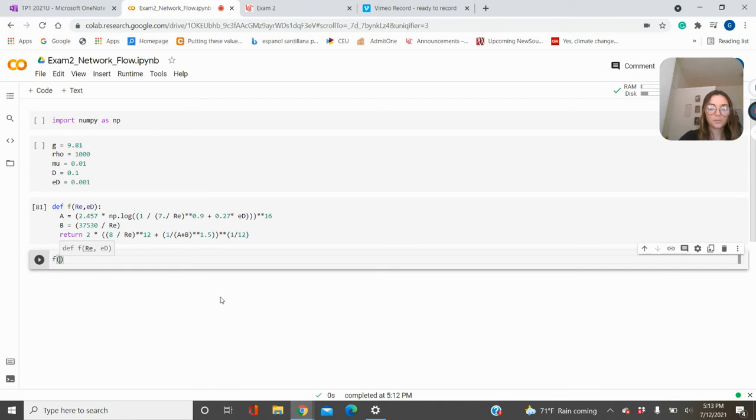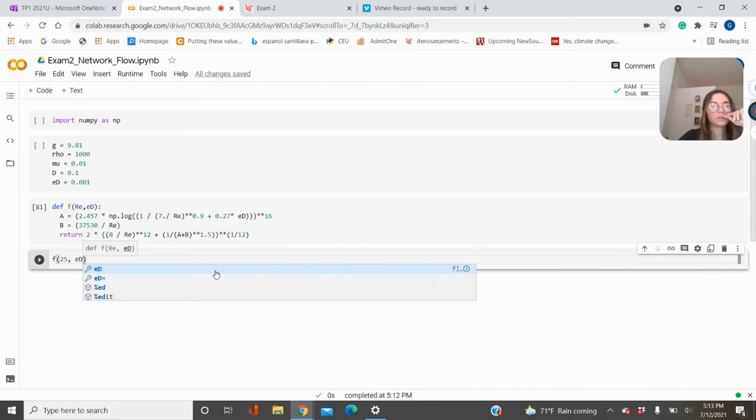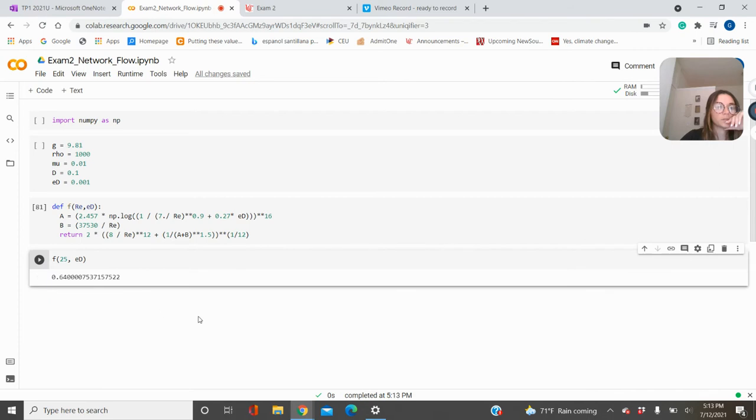We're just going to throw in a number, our roughness, and see if that works. Okay, so that converges. So we know that that's working. Perfect. Right, and then we are going to move forward.